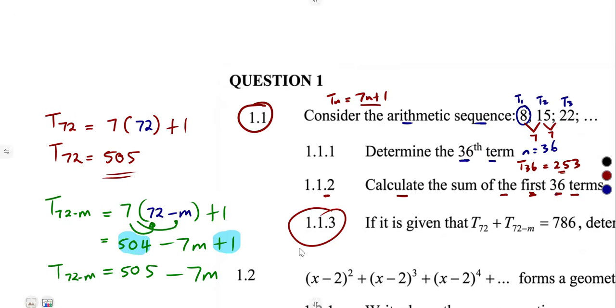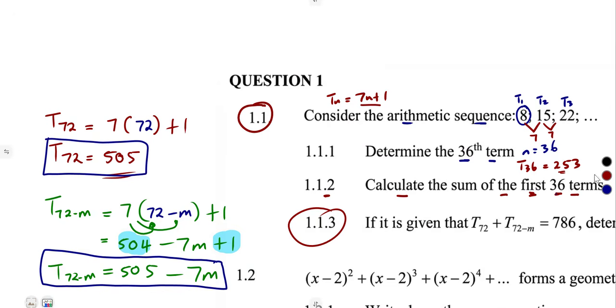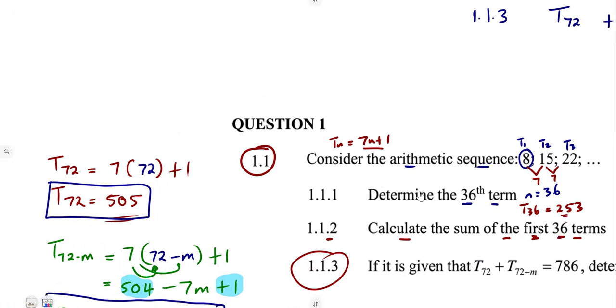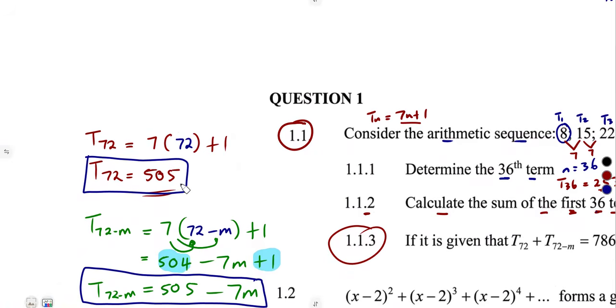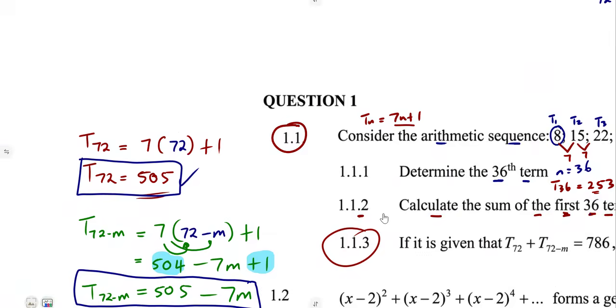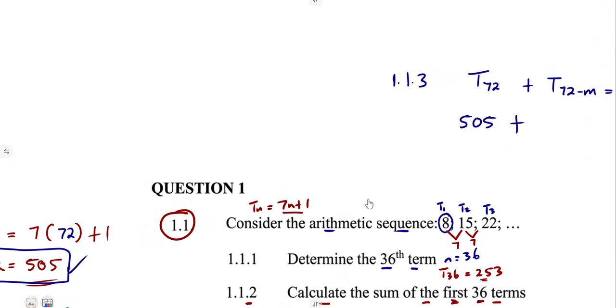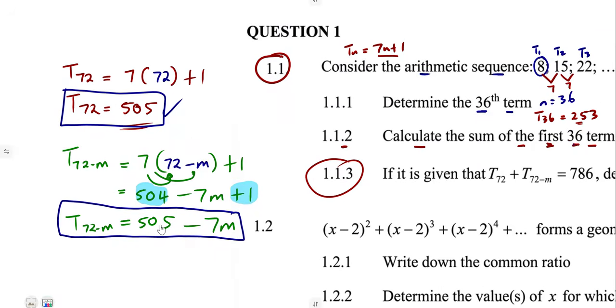With these, we can substitute into our given statement. Remember, they gave us a statement that if we combine these two, we must obtain 786. So now substitute. T72 has the value 505, plus our T72 minus m, which we obtained as 505 minus 7m.